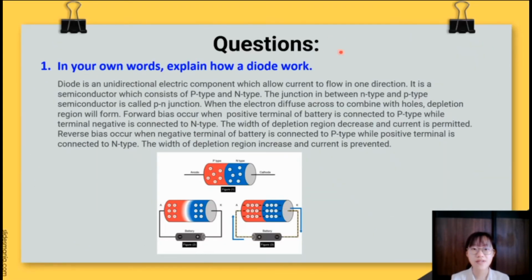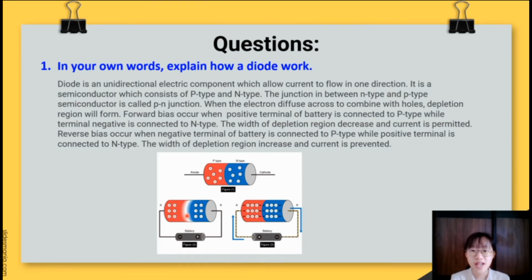So how does a diode work? A diode is a unidirectional electric component which allows current to flow in one direction. So it's a semiconductor which consists of p-type and n-type. We can see here, and then there's a junction in between p-type and n-type. When the electrons diffuse across, they combine with holes and a depletion region will form. Forward bias will occur when the positive terminal is connected to p-type while negative terminal is connected to n-type.